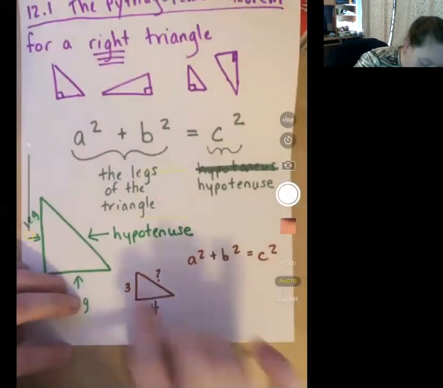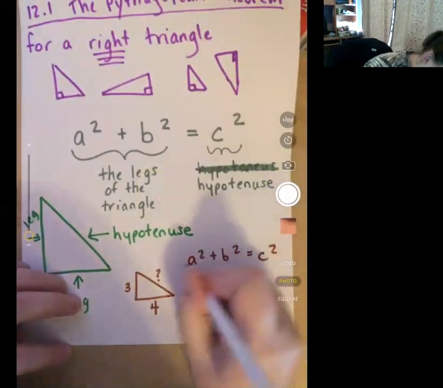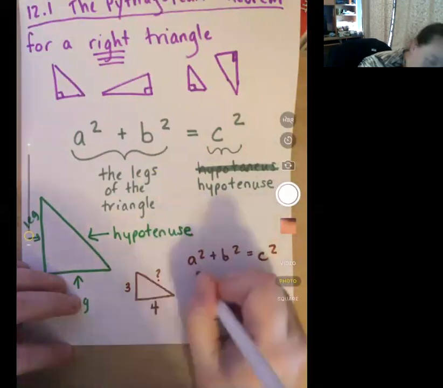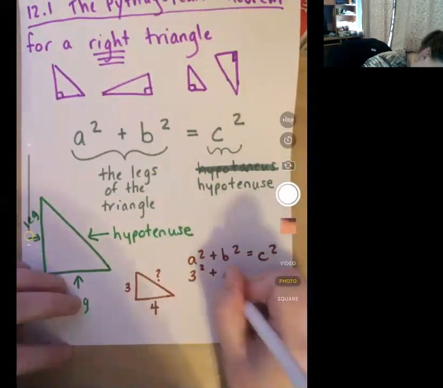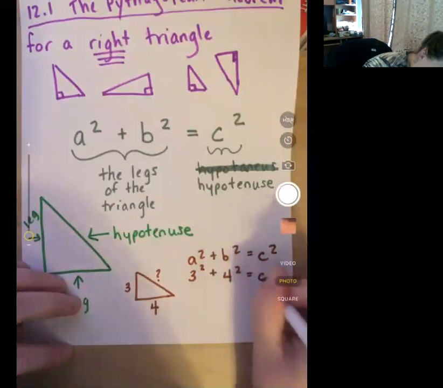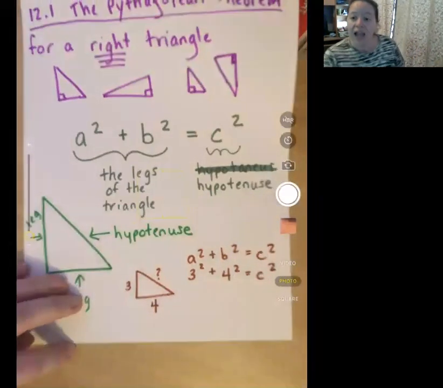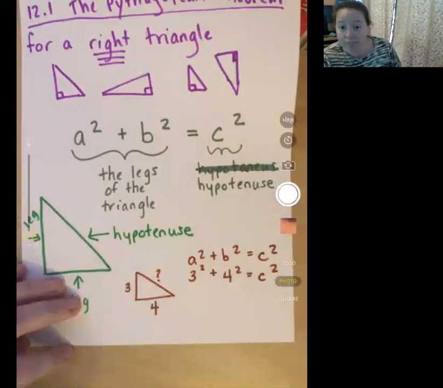I'm going to make a the 3. So I put 3 squared plus 4 squared is equal to c squared. And then I start using my PEMDAS. Exponents go first.